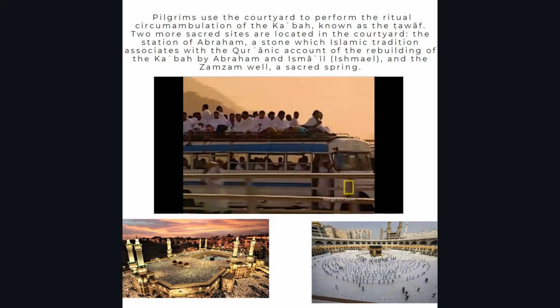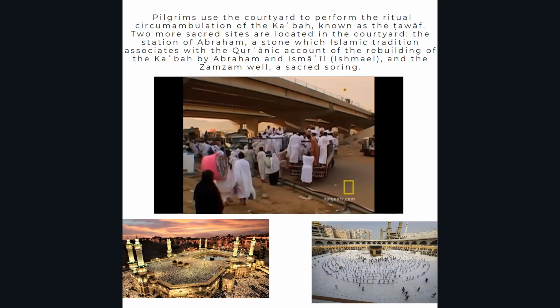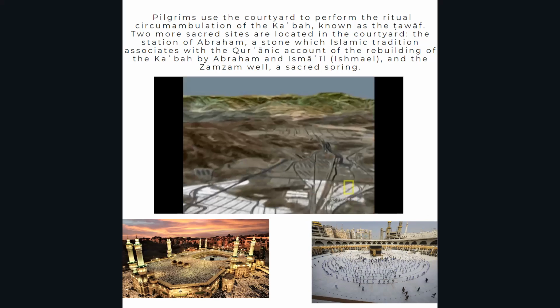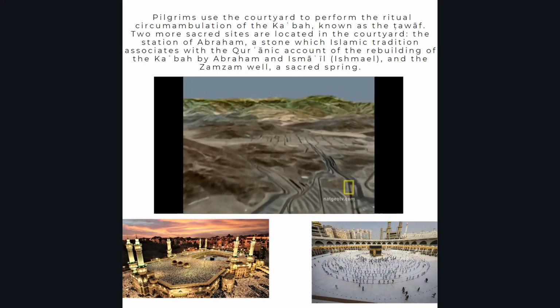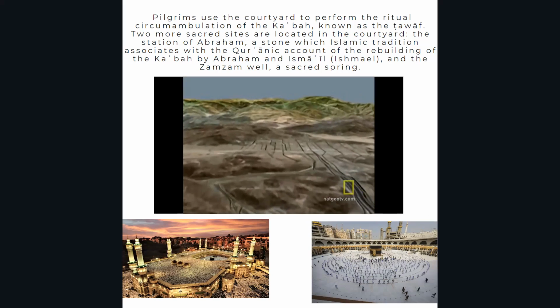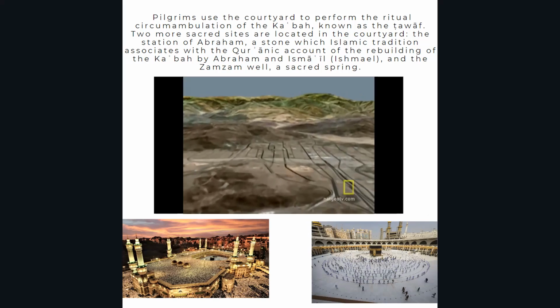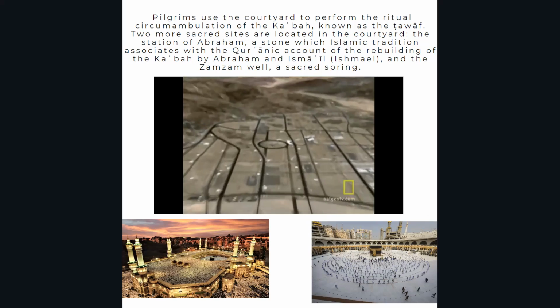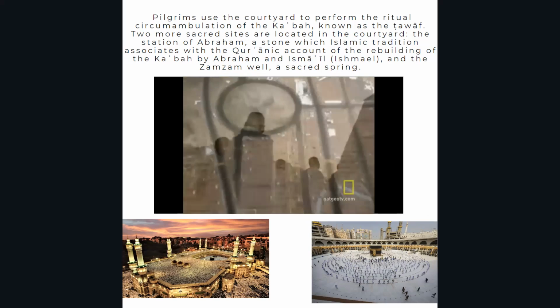Some 50,000 vehicles clog the roads. Arafat is 8 miles east of Mina. It's the place, Muslims believe, Adam and Eve found each other after exile from Eden. And it's seen by many as a rehearsal for the Day of Judgment.